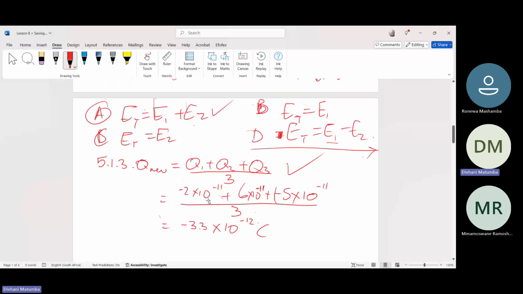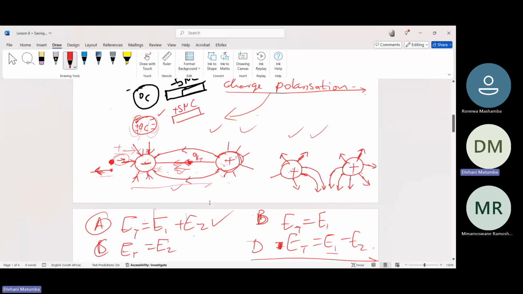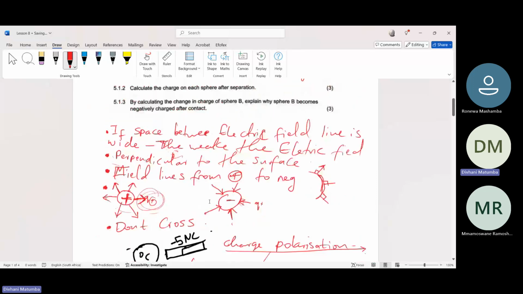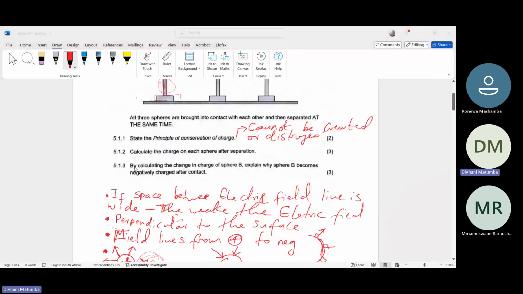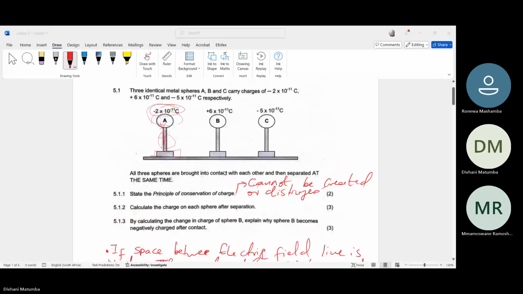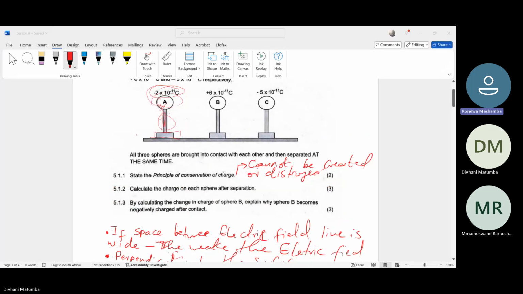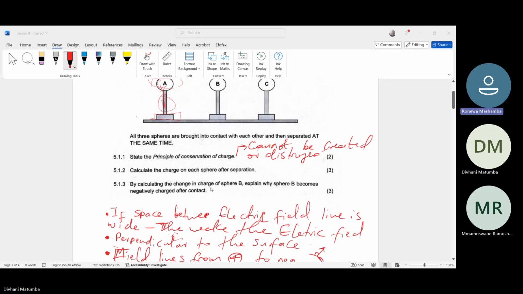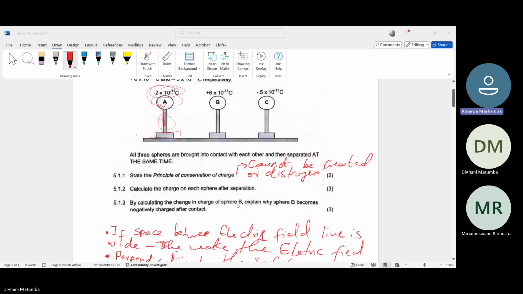Okay, let's go to the next question. By calculating the charge of sphere B, explain why sphere B becomes negatively charged after contact. Have we not already calculated the charge of sphere B, because we said that all of them after contact will be equal?